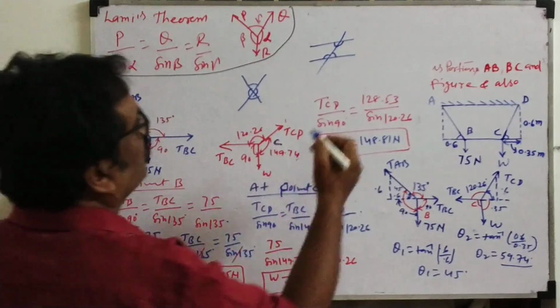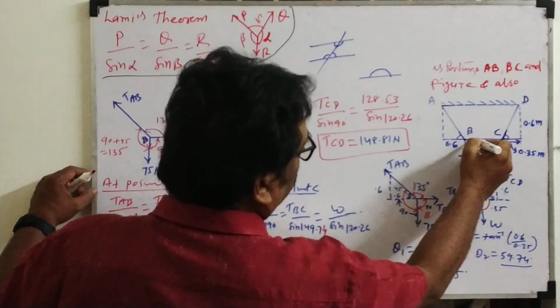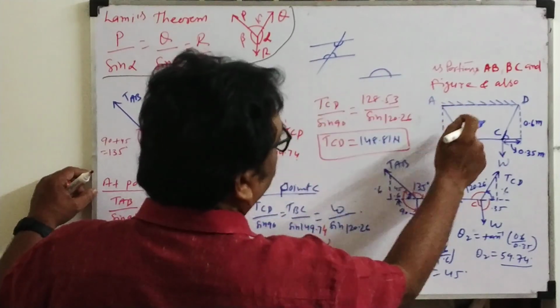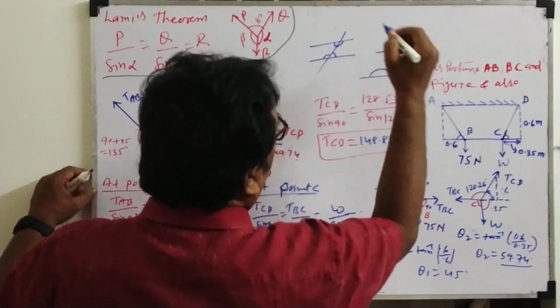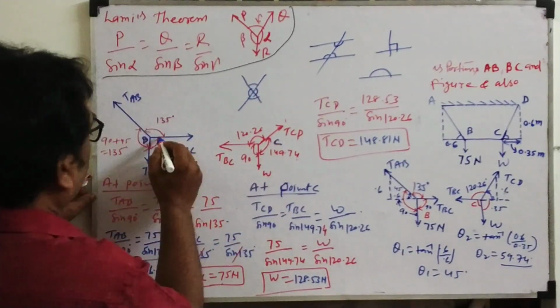Somewhere corresponding angle concepts will come. Somewhere an angle is 180, so 180 minus the known angle gives this angle. Suppose a vertical line is there, that is 90 degrees. So many concepts come here.